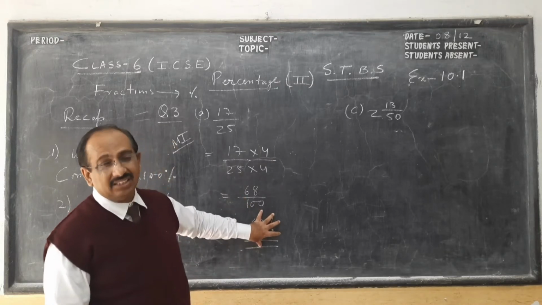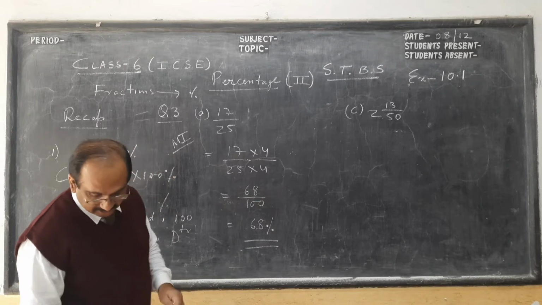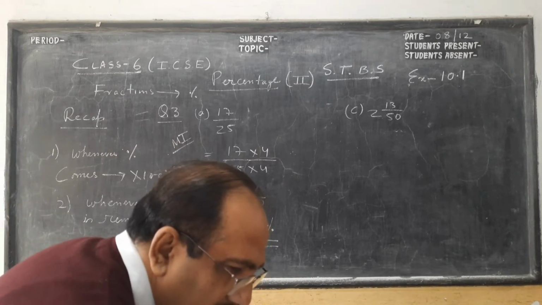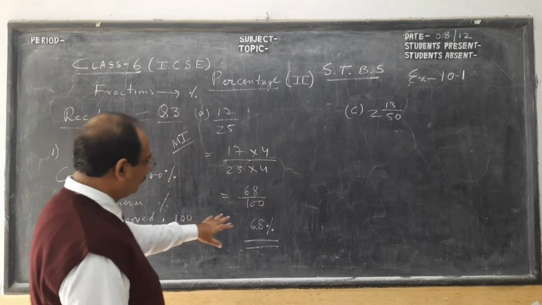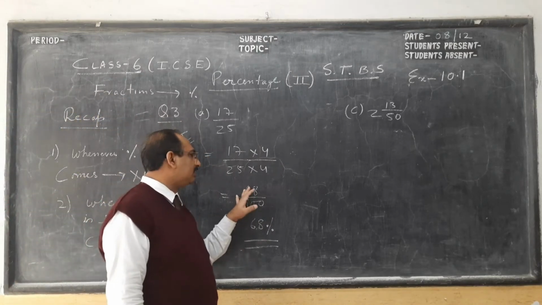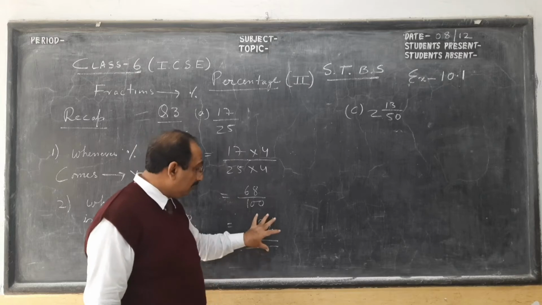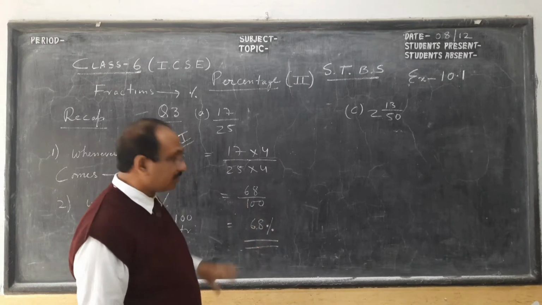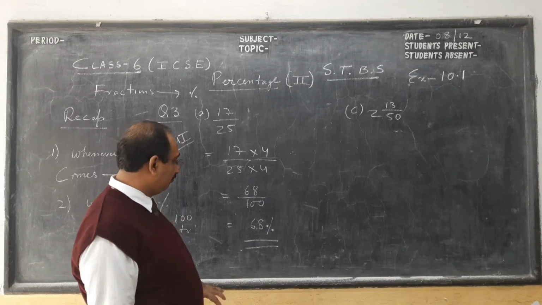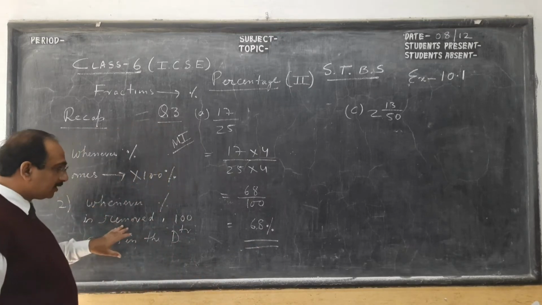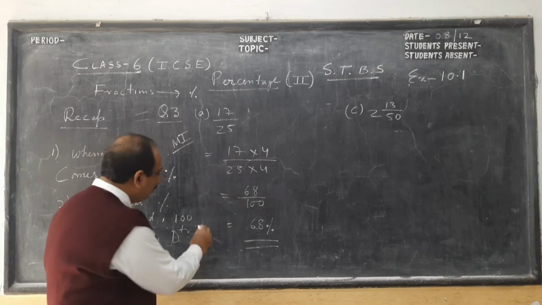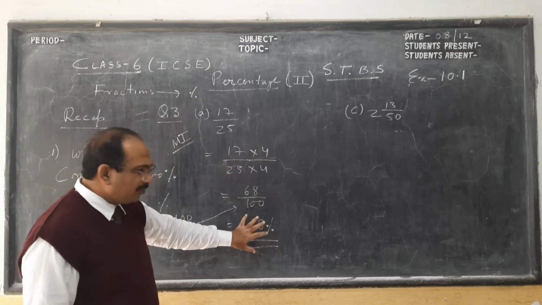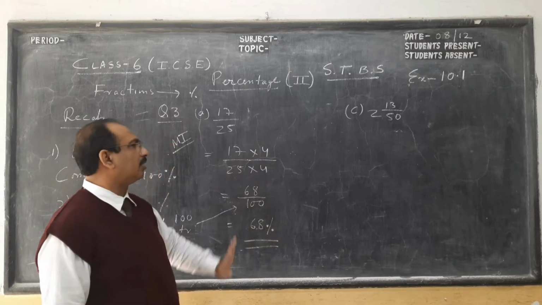So when I write this, actually I mean this. When I write 68%, it means 68 upon 100. This is a symbolic representation. Percentage means 100 is down. As I said, when percentage is removed, 100 comes in the denominator. This is the basic logic. If you remove it mentally, it means 68 out of 100.